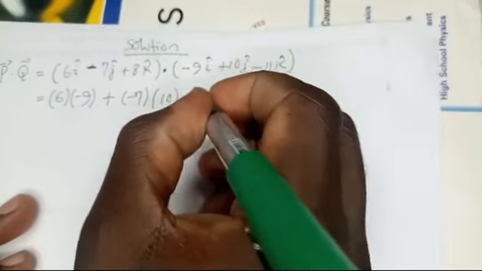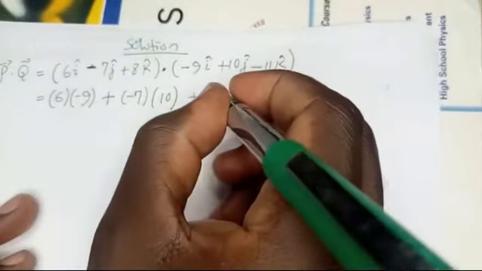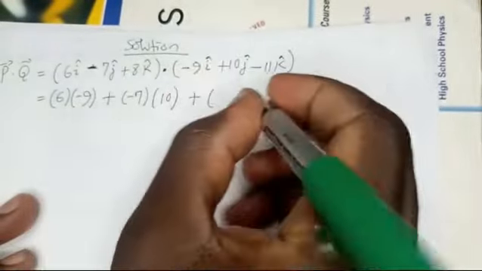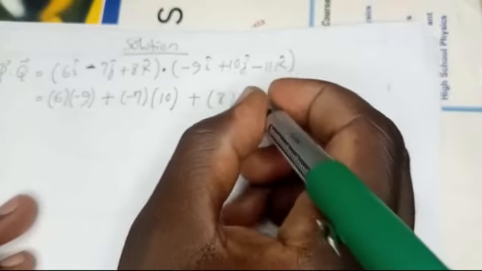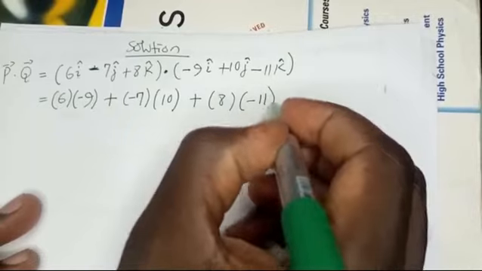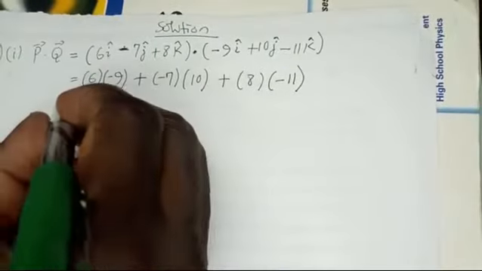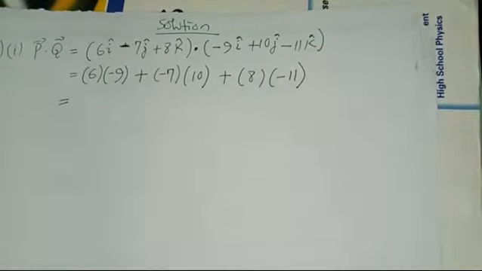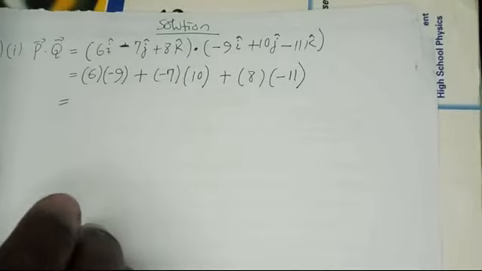Then plus again for the K cap, the coefficient is 8, multiplied by the coefficient for the K cap, negative 11. In physics, once you make the correct substitution, you can move on to the correct answer if you can find that in a calculator. We don't pay much attention to so much evaluation.